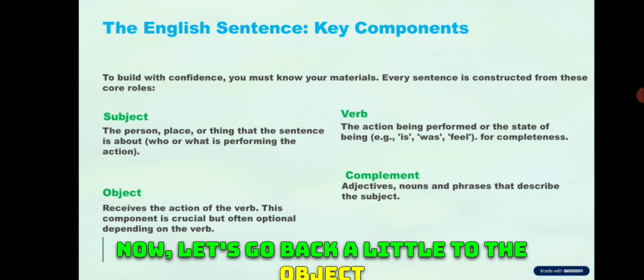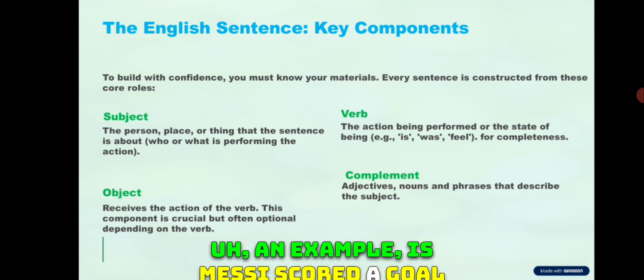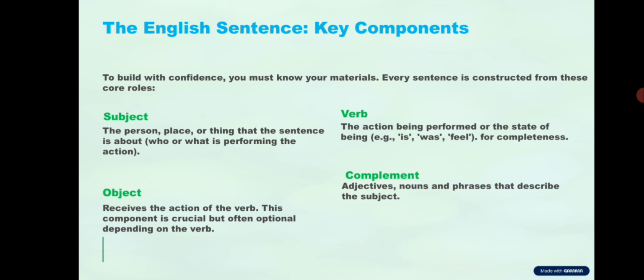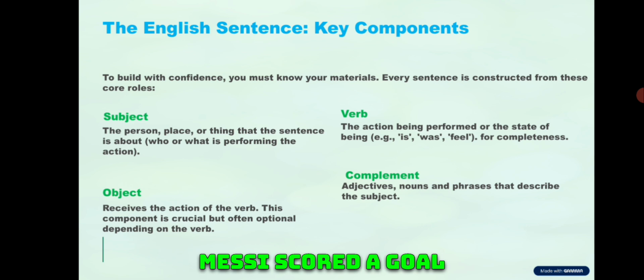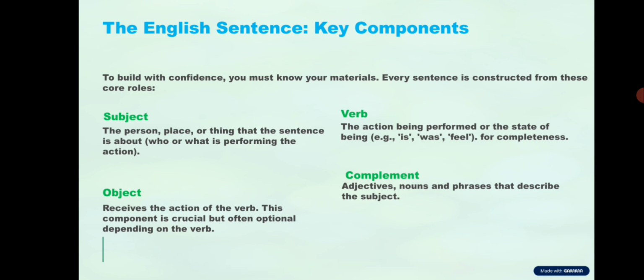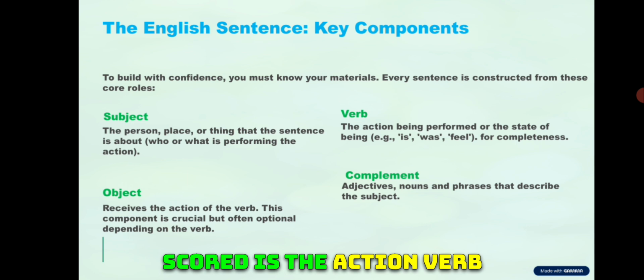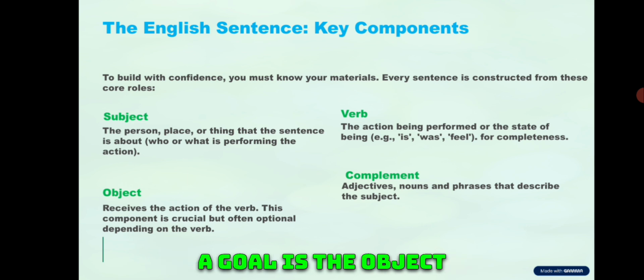Now, let's go back a little to the object. An example is Messi scored a goal. Messi is the subject. Scored is the action verb. A goal is the object.